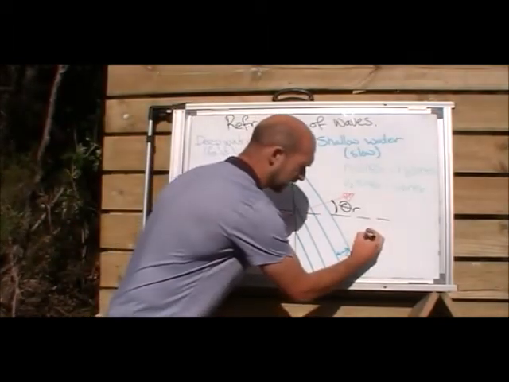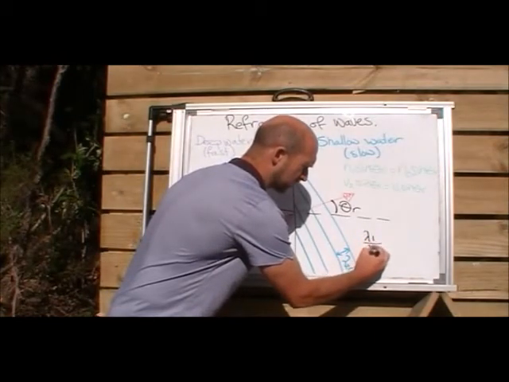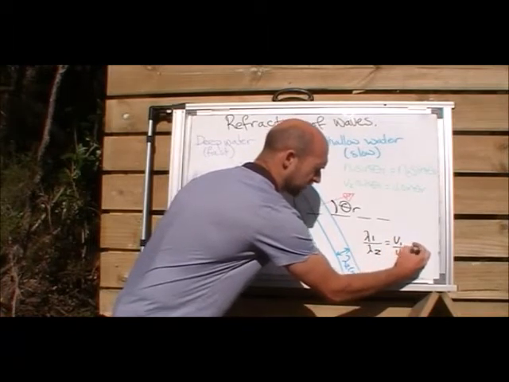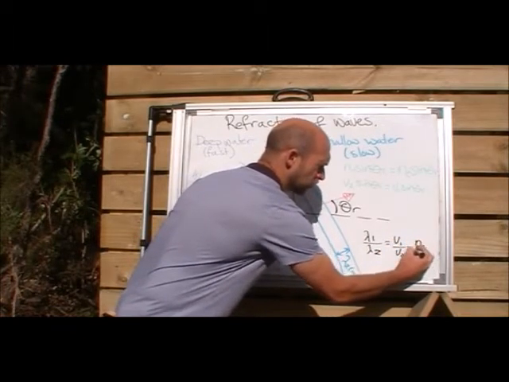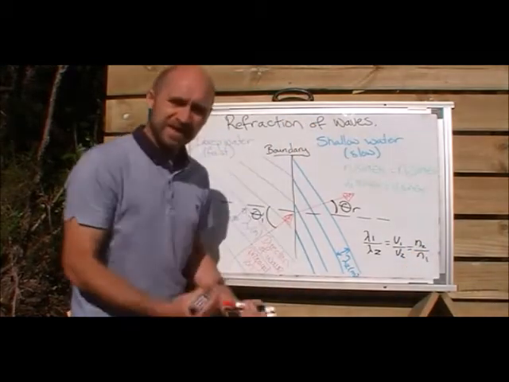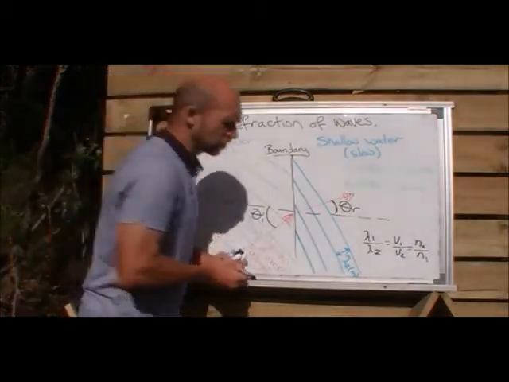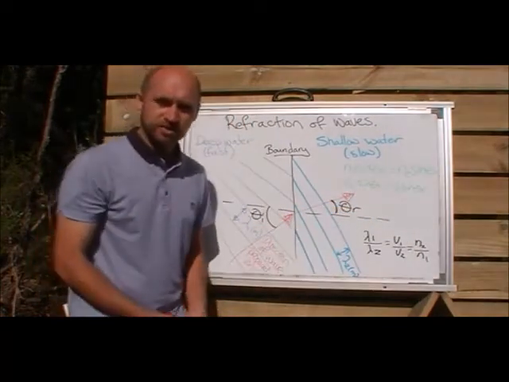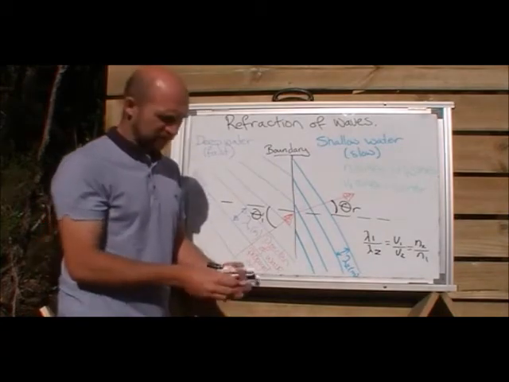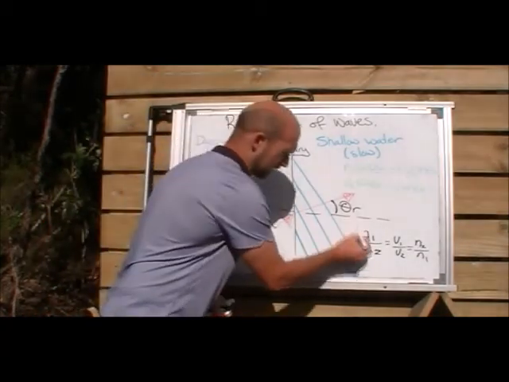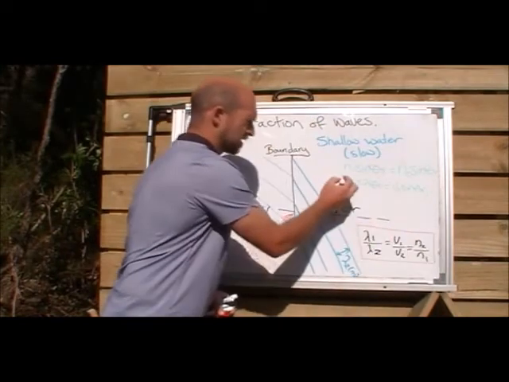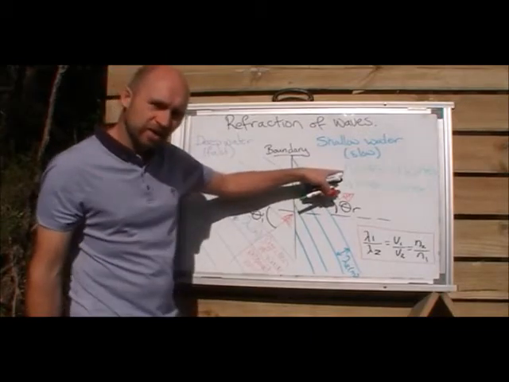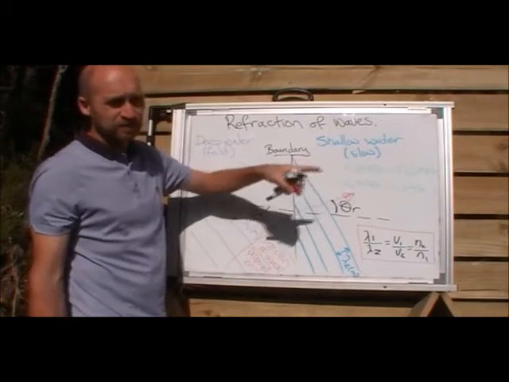We know that lambda 1 over lambda 2 is V1 over V2, is N2 over N1. That's on your formula sheet, and so that should prompt you to remember that when we do this calculation with V, it's the other way up. That one there is not on your formula sheet. You've got N1 sine theta I equals N2 sine theta R. You've got to work that one out.